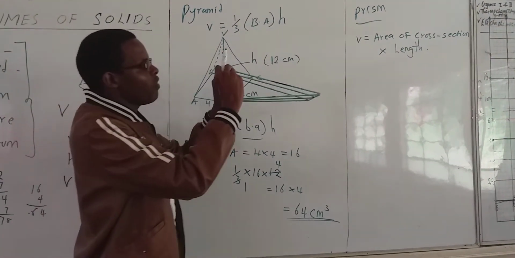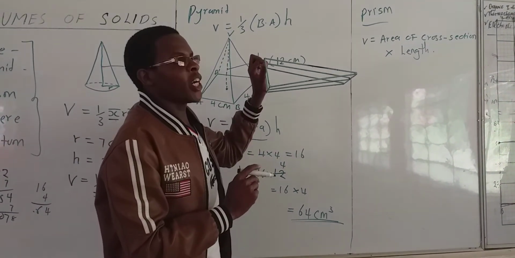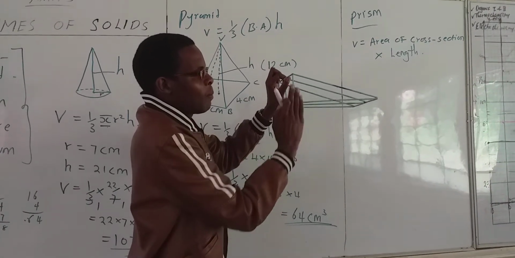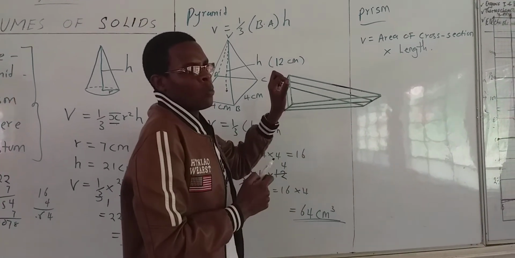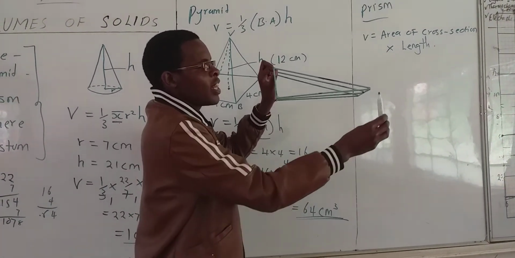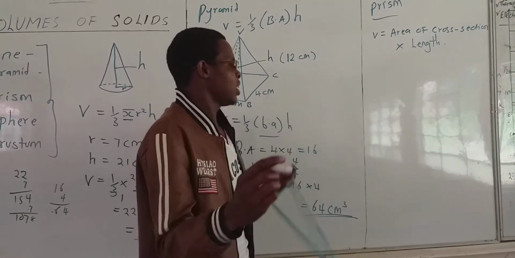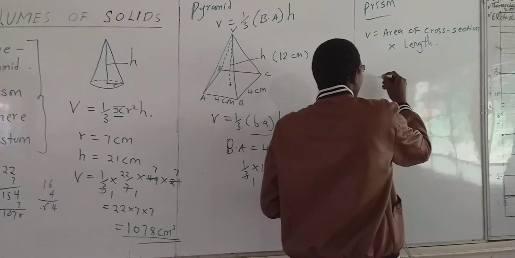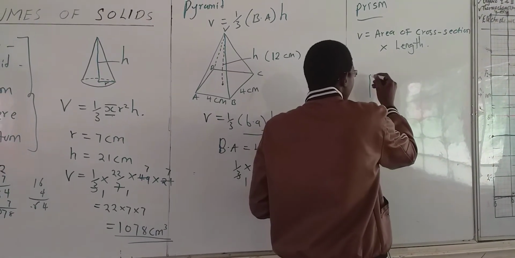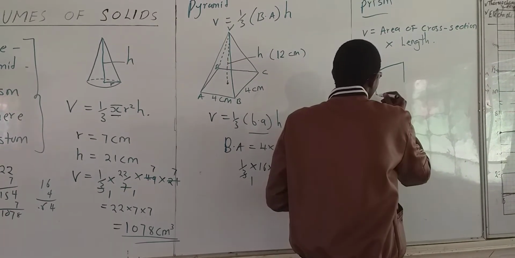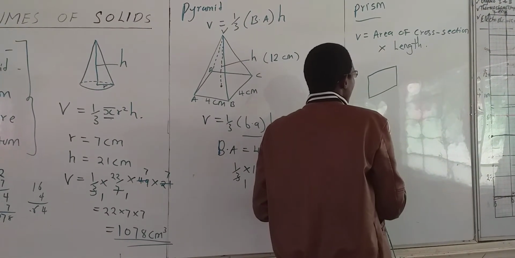If I put my prism like this one, from here up to here, the plane we have here qualifies to be the cross section. Then from here up to here, we call it the length. If I can try to translate this one, if I can try to draw something like this one, let us assume this is what we have.